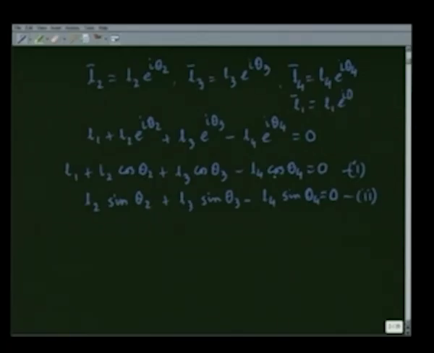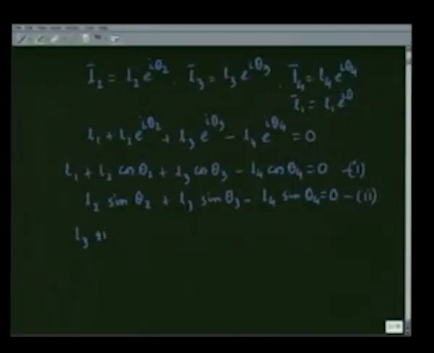Now let me carry out this algebra to determine, say, theta 4. To determine theta 4, we write L3 sin theta 3, cos theta 3, sorry, I can write this first.